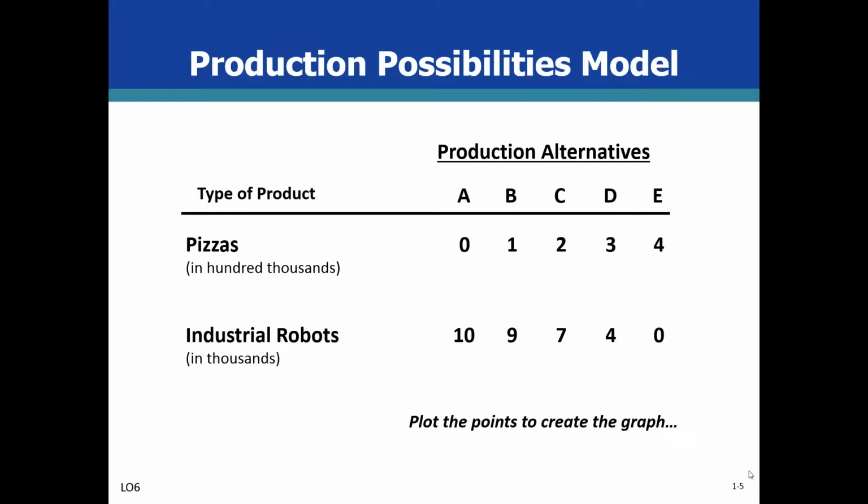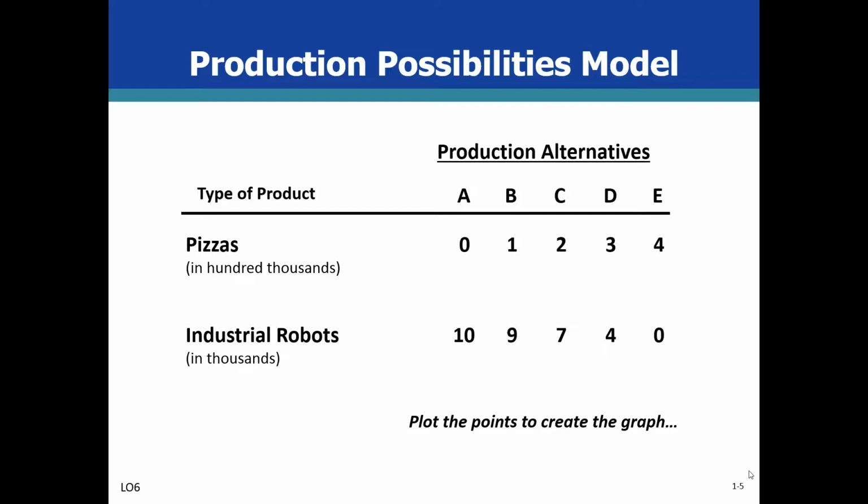However, each level of pizza production comes with a level of industrial robot production, and vice versa. Your consumer goods are pizzas, your capital goods are industrial robots. In the model, we can make anywhere from 10 to 0 industrial robots.